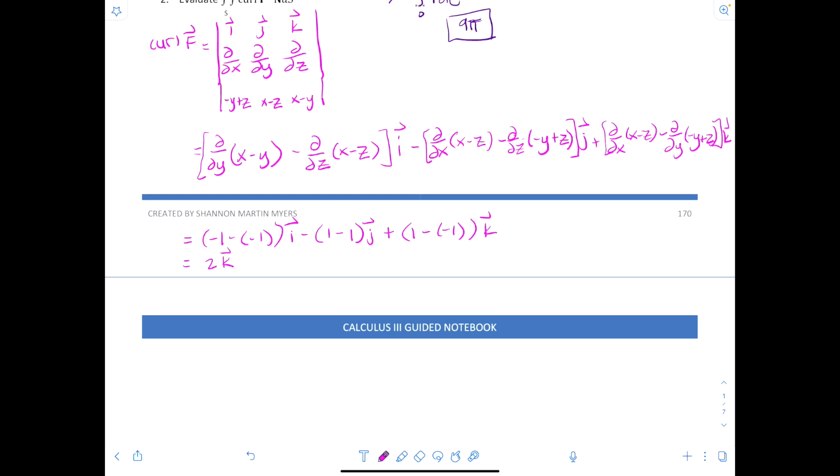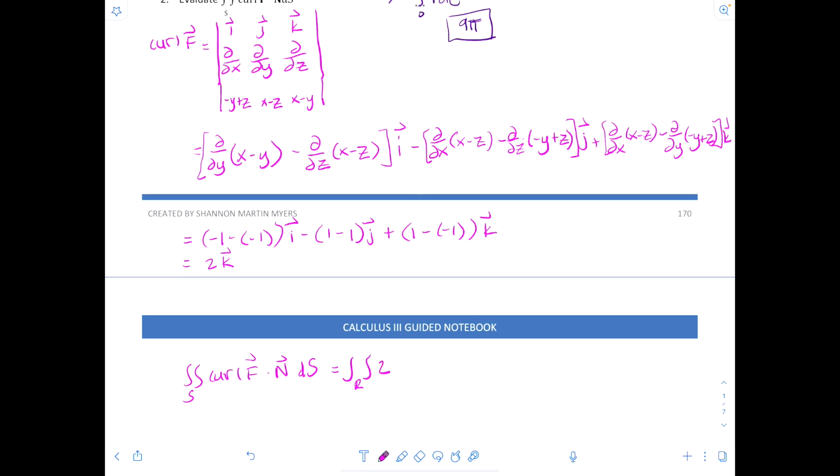So now we need to find the surface integral. So the surface integral of the curl of f dot n with respect to the surface is going to be equivalent to the double integral over the region.